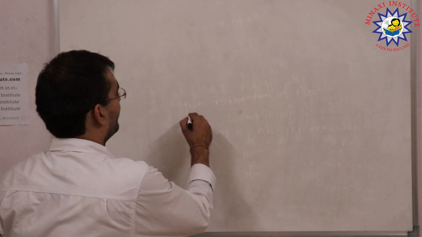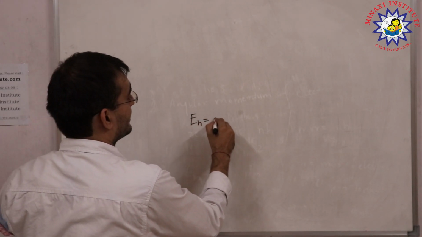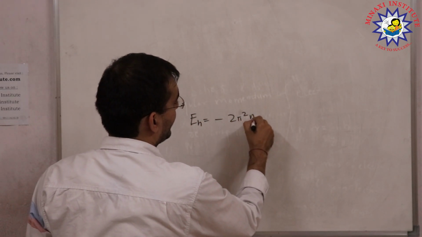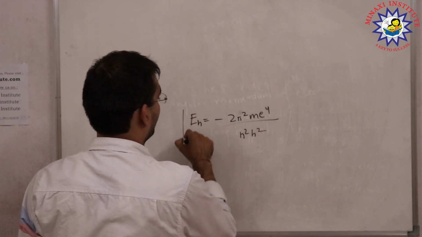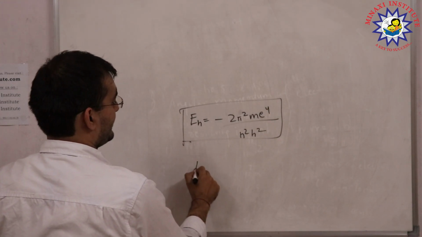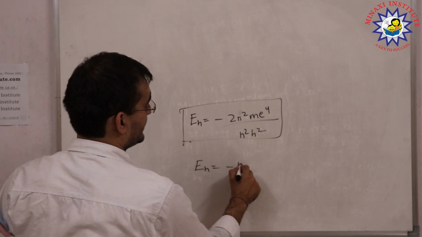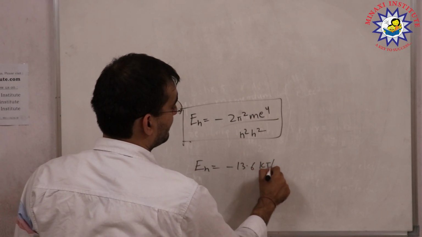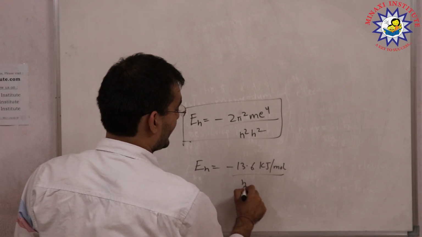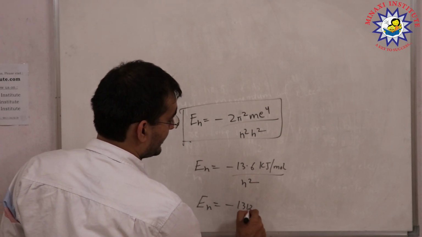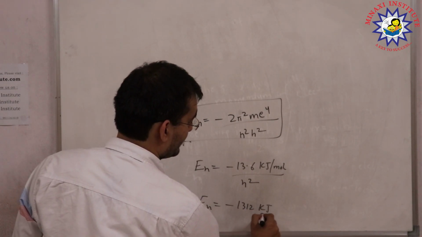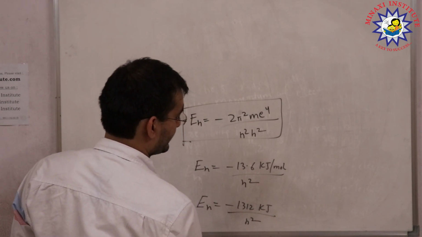So the energy of the revolving electron is minus 2 pi square m e4 n square by h square. Energy is minus 13.6 electron volt per atom upon n square. Another formula is minus 1312 kilojoule per mole upon n square.